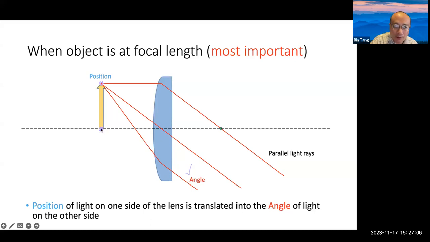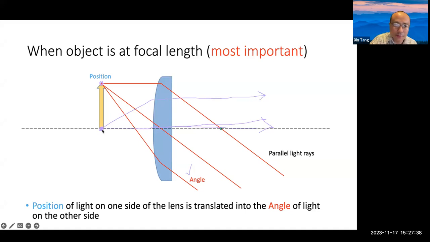If you have a sample sitting exactly on the focal point, then the light coming from it and passing through the lens will look like this.